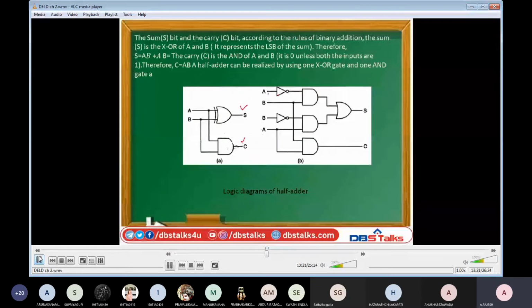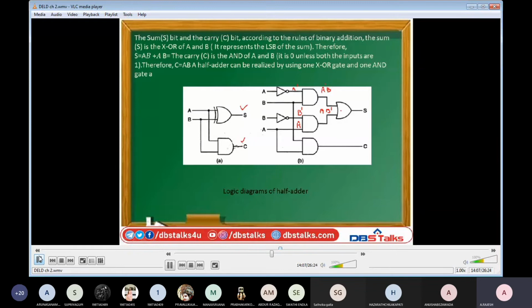This is A. If you pass it through a NOT gate, then it will become A complement, into B, A complement B. And here to the second AND gate they have given B complement and A, B complement A. So here the output will be A B complement.